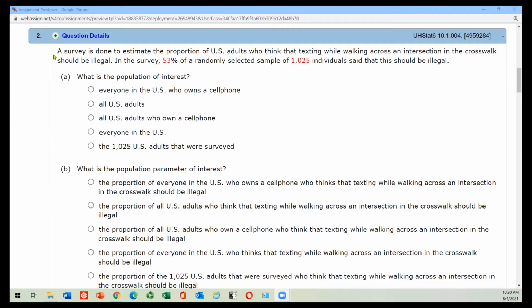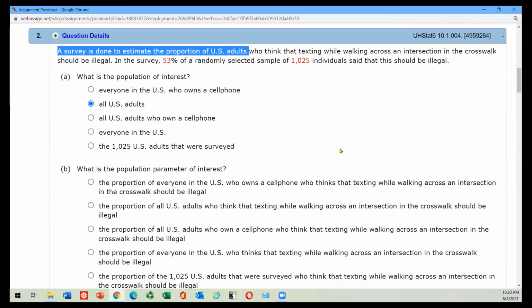The key to deciding what the population is is right at the start: a survey is done to estimate the proportion of US adults. So it's that one. Does that make sense?